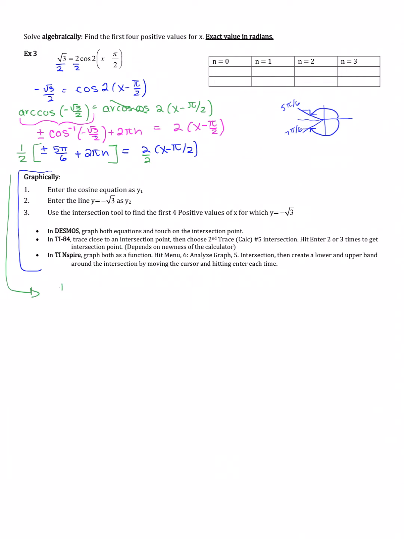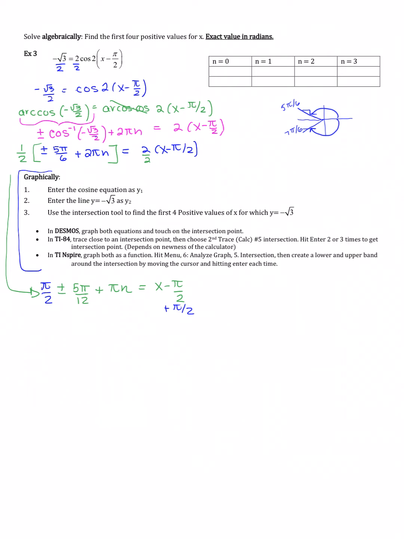So this is going to give me plus or minus 5 pi over 12 plus pi n equals x minus pi over 2. And then our last step is to add pi over 2 to both sides.